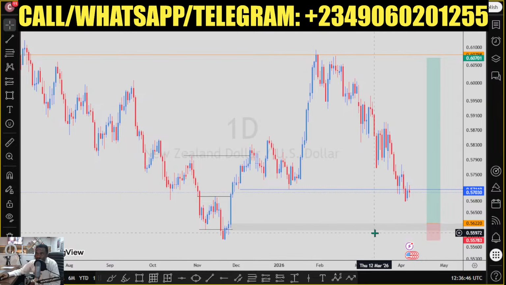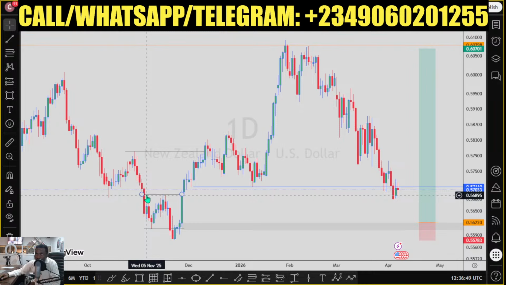After the sweep of liquidity, we had some internal market structure shift, then change of character.